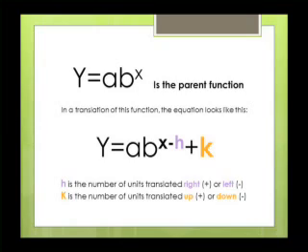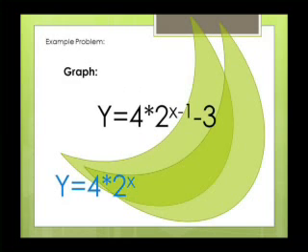An example is when you graph y equals 4 times 2 raised to the x minus 1, and then all of that minus 3, as well as graphing its parent function, which is y equals 4 times 2 raised to the x power.